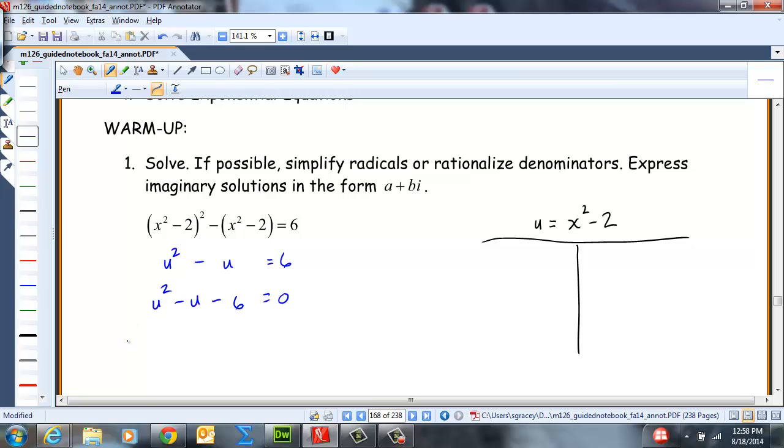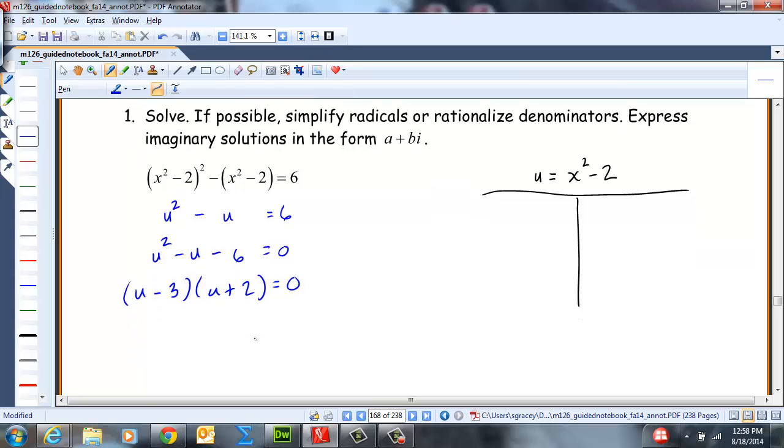Now we can factor this. I believe u minus 3 times u plus 2 will give us the factorization we need. And using the zero product property, we have these two linear equations.